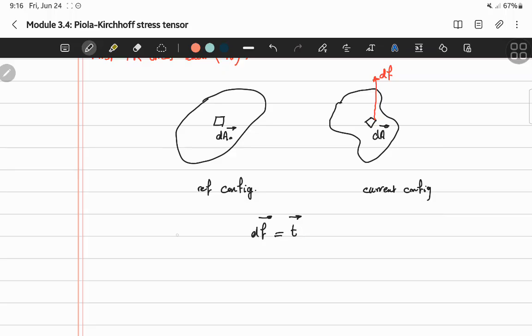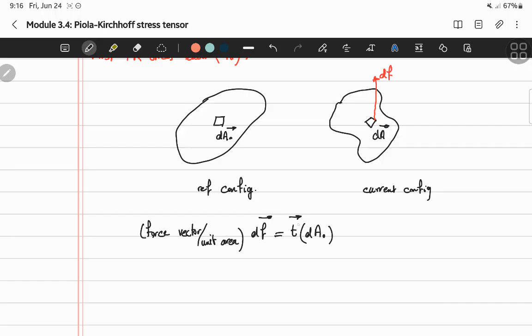So we already mentioned that this is force per unit area. So this is the force vector per unit area, times the magnitude of dA0, and I differentiate between dA0 here.